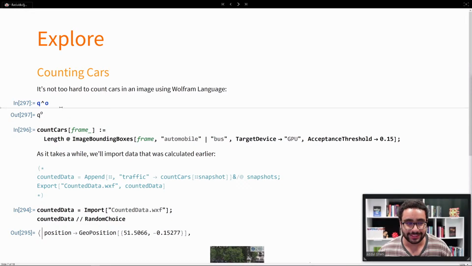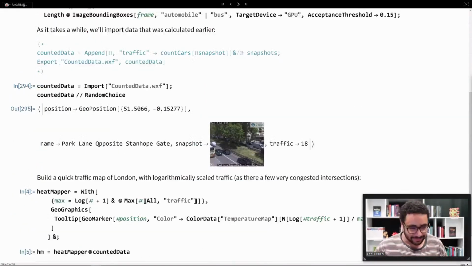It's good because you can do maths in Mathematica, but it's bad because if I forgot to actually define count cores and then started using it, in Python or in C or in most languages, this would give you an error, and that's a good thing because you probably meant to define it. But anyway, it's just something to look out for.